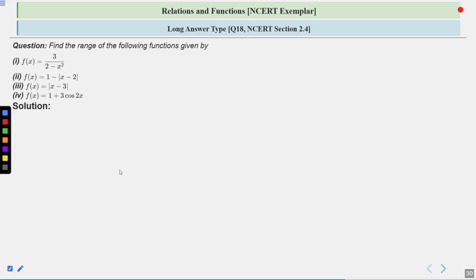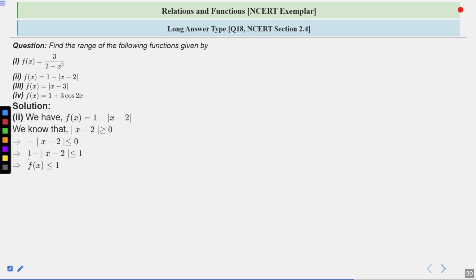Now for the second, f(x) is 1 minus mod x minus 2. We have absolute of x minus 2 greater than or equal to 0. This implies minus absolute x minus 2 is less than or equal to 0. This implies 1 minus absolute x minus 2 is less than or equal to 1.